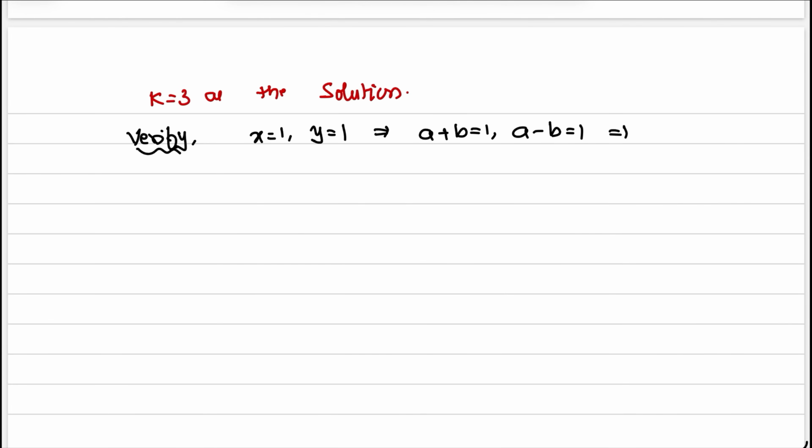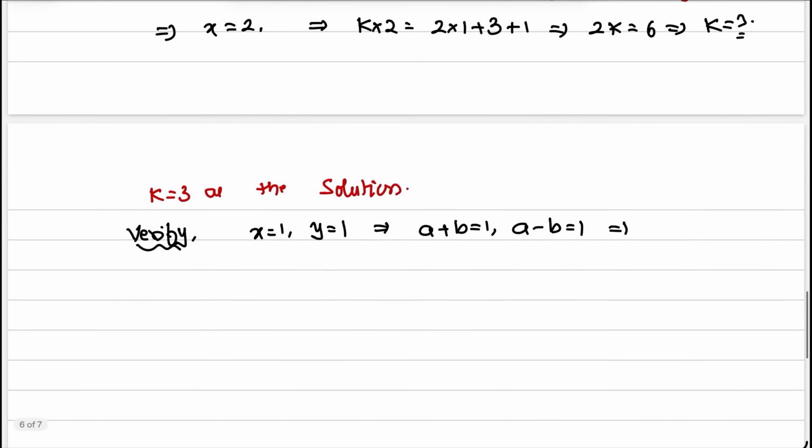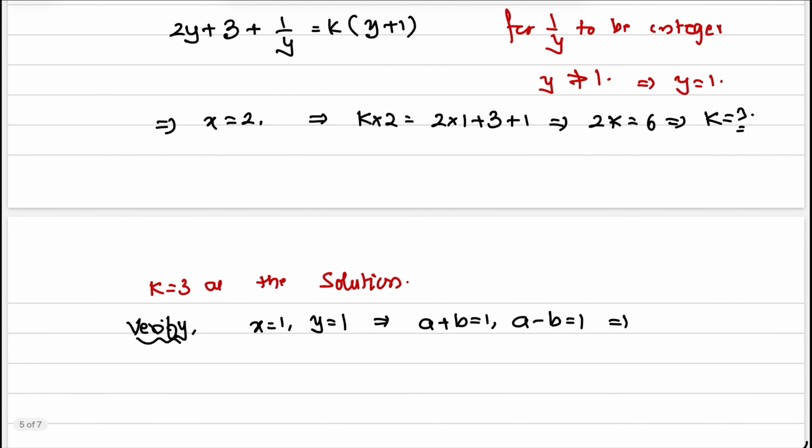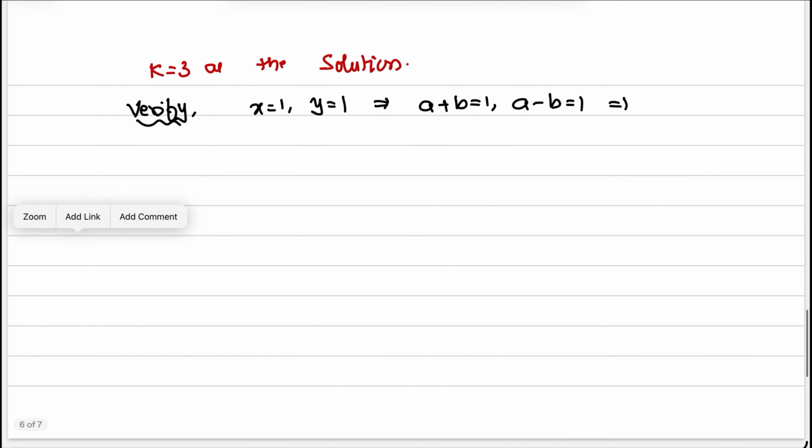That implies a is equal to 1 and b is equal to 0.